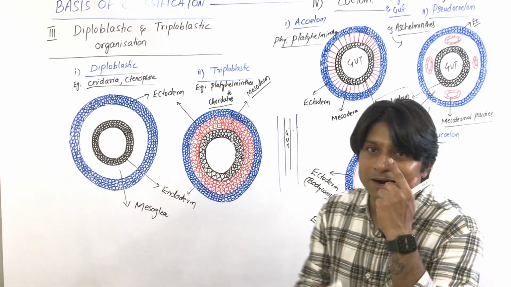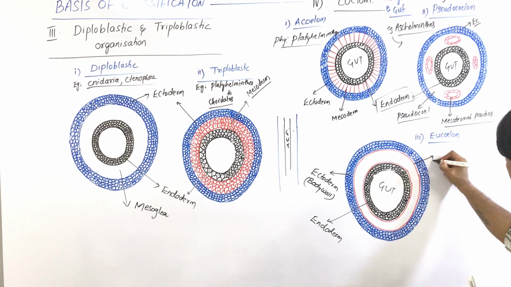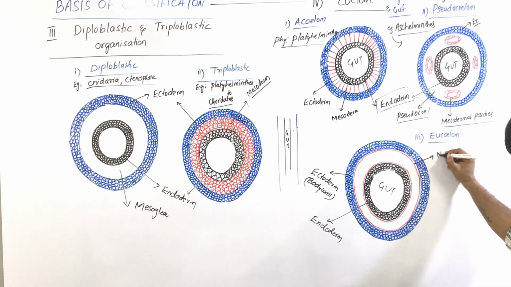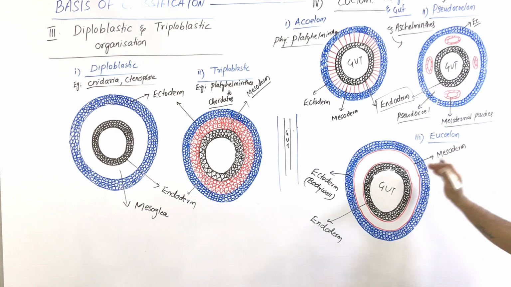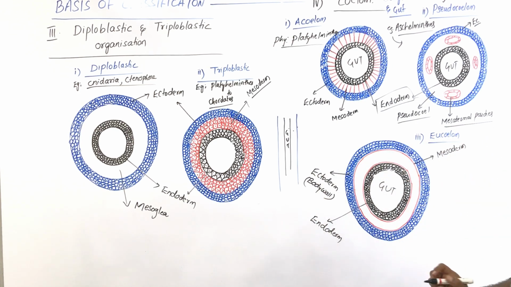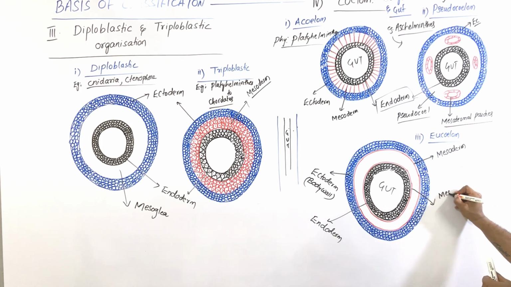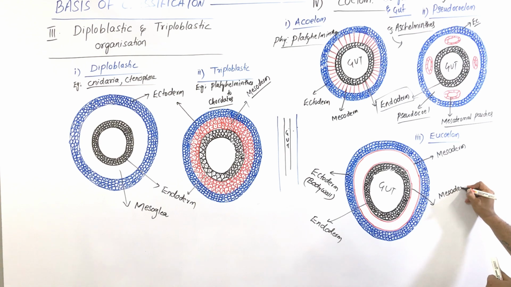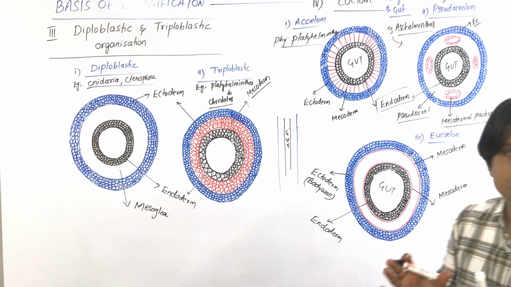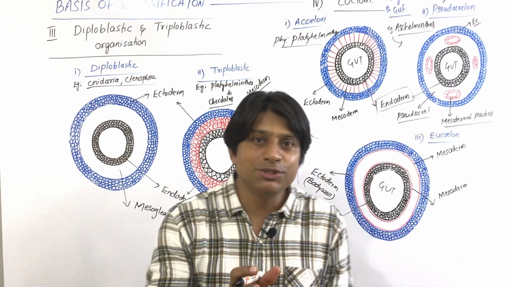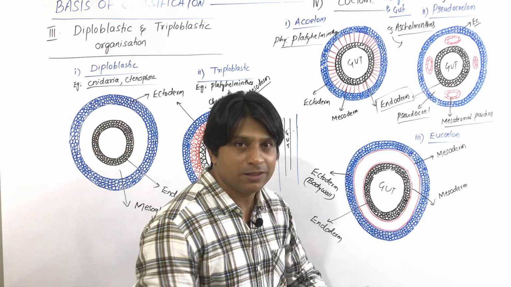Now there is a third layer called mesoderm. Just look here, this red covering is mesoderm. This is the mesoderm towards the body wall, and this is the mesoderm towards the alimentary canal, the gut wall. So actually this mesoderm forms muscles on both the body wall as well as on the gut.